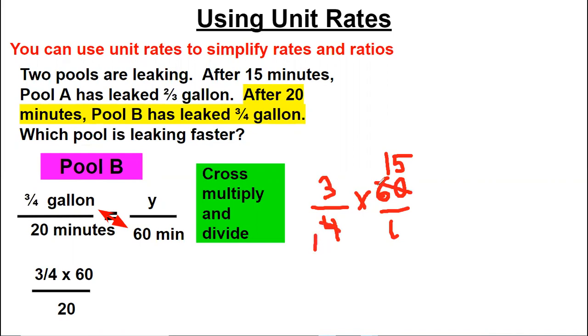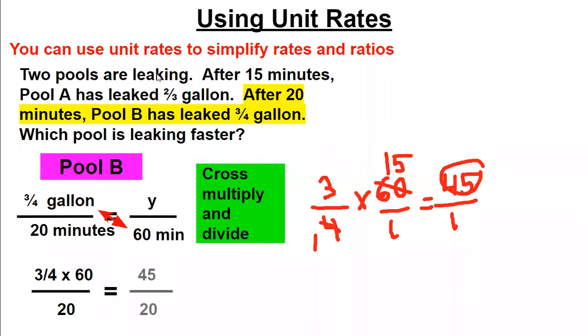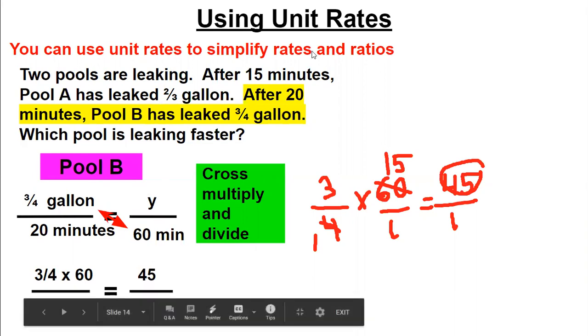So I'm really multiplying 3 times 15 on the top, which would give me 45, and 1 times 1 on the bottom, which would give me 1. So 45 is the top answer, 3/4 times 60. That should pop up there. So 3/4 times 60 is 45, and now I have to divide that by 20.